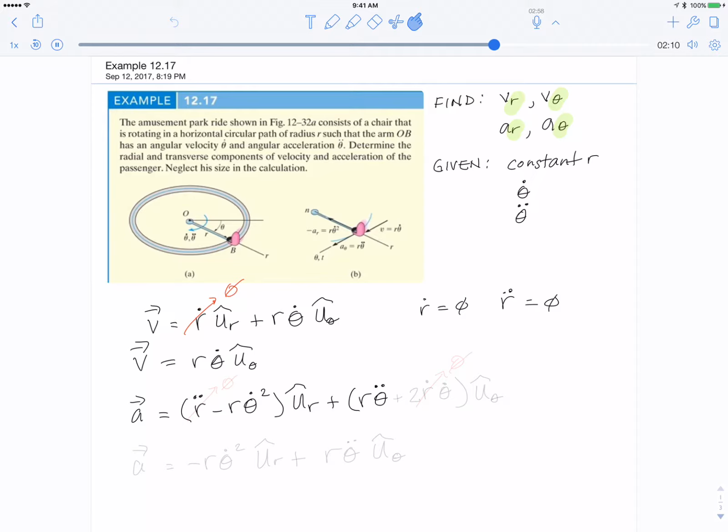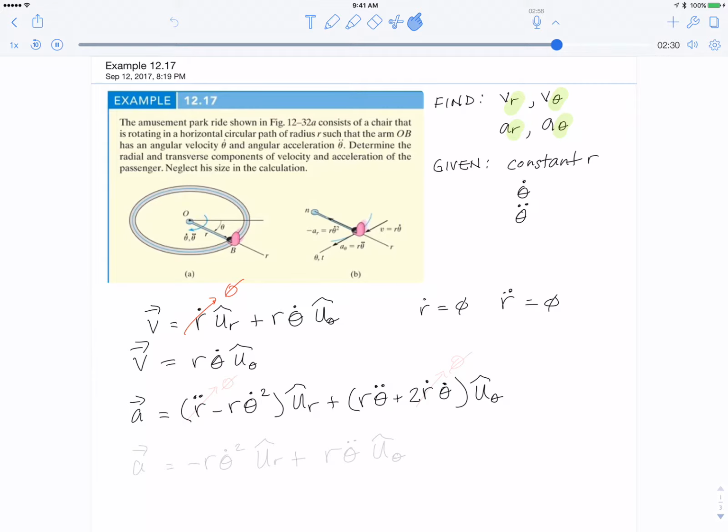Remember, the radius times the angular thing equals the translational thing. So radius times angular acceleration will equal the translational acceleration. And remember, we had this weird Coriolis acceleration, two of them, r dot theta dot, in the theta direction.